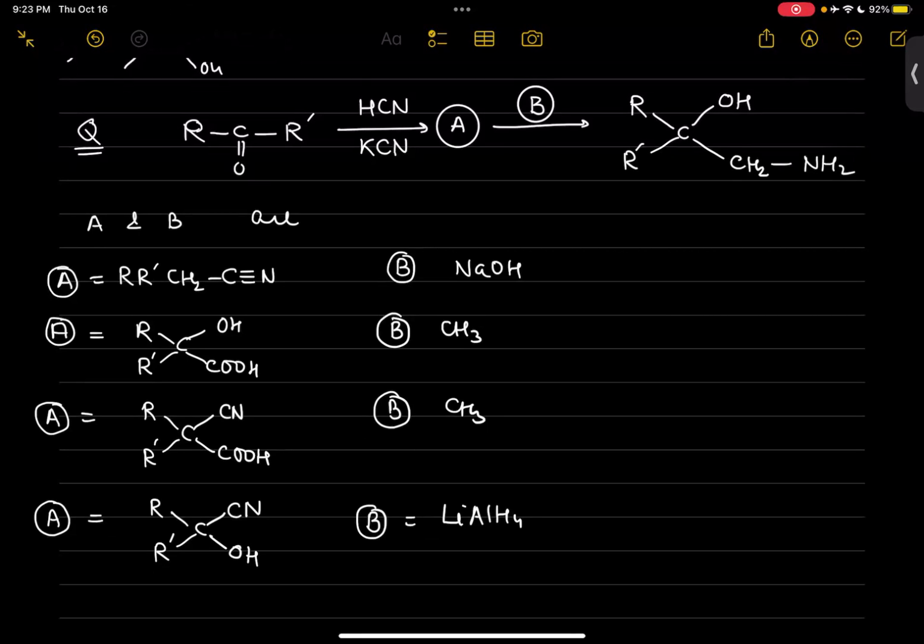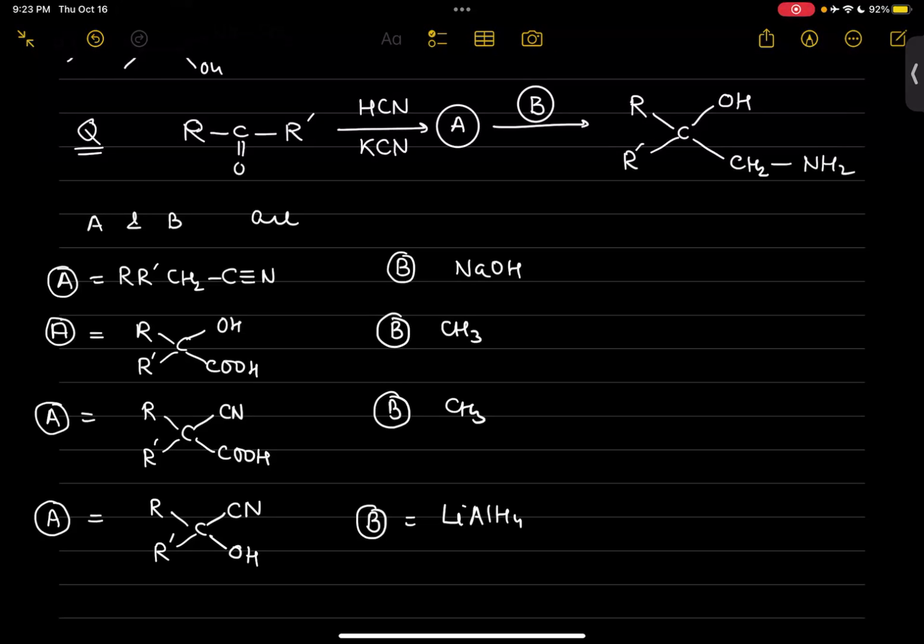So first you form the cyanohydrin. That happens when you react your aldehyde or a ketone with double bond O and HCN or KCN or H plus, it is one and the same thing.